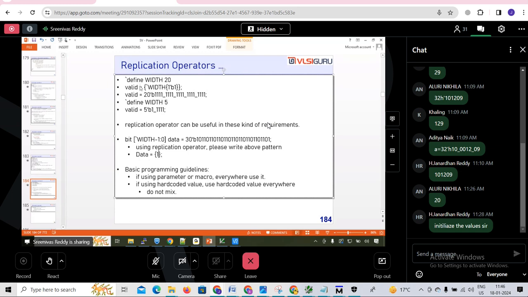How many times? 10 times. In the flower bracket, 3 tick b 1 0. Got it, right? So more important is to know in what context this can be useful. Let's say you know that some pattern needs to repeat in the same vector. Same vector, you should go for replication operator.